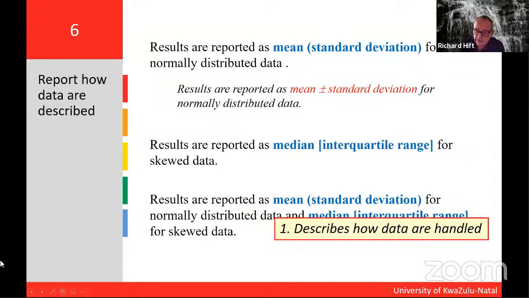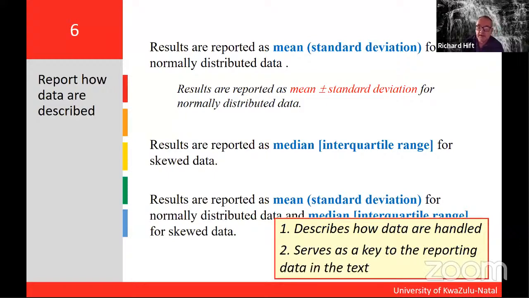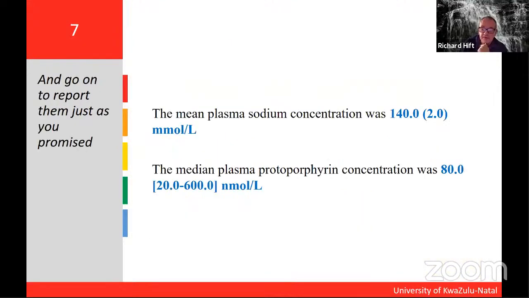So, just to stress again, firstly, this line in your methods tells your readers how your data are handled. They'll be looking out for means and standard deviations or medians and interquartile ranges. And secondly, it serves as the key to the reporting data in the text. So if, for example, in the top line, there is a result you've written, it's not necessary to say which one is the standard deviation because you've effectively defined it in your methods.